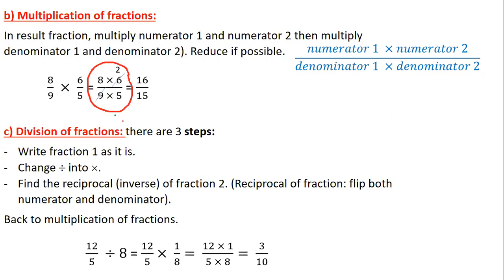We write 2 above it. 9 divided by 3 is 3. So we write 3 below it. Now 8 times 2 is 16. 3 times 5 is 15. Who tells me 16 over 15 is an irreducible fraction? Because they're successive.